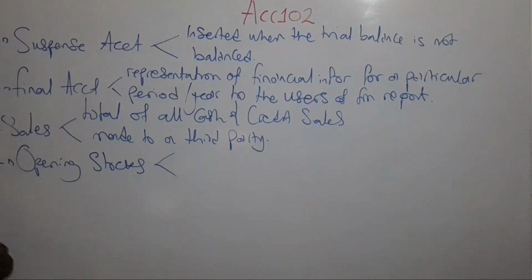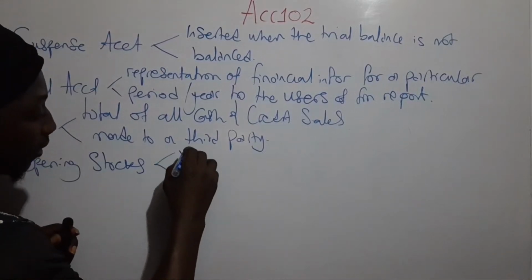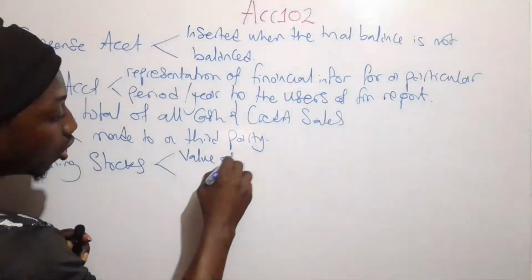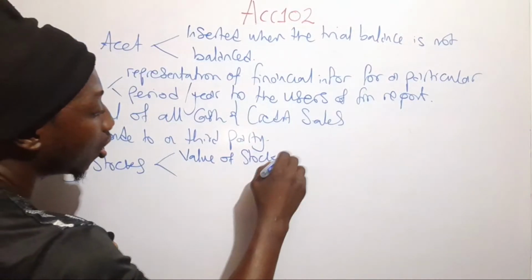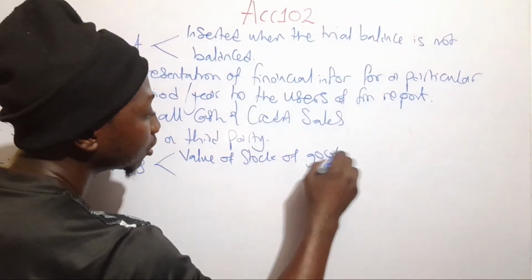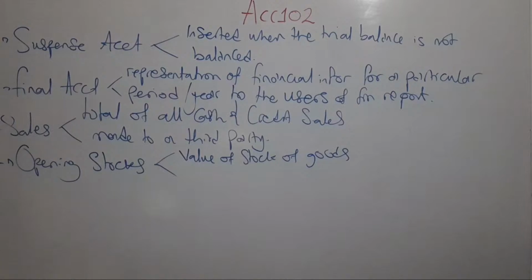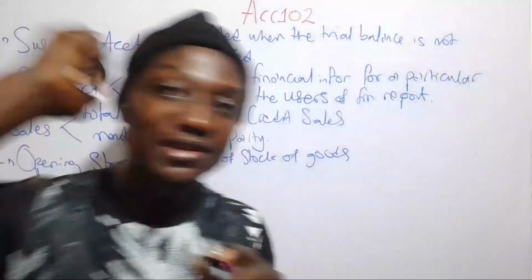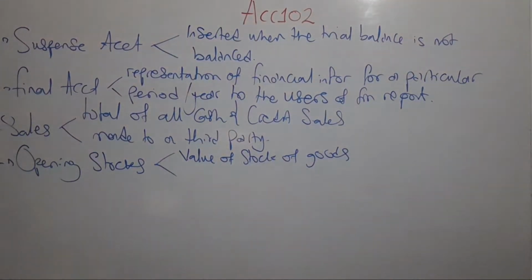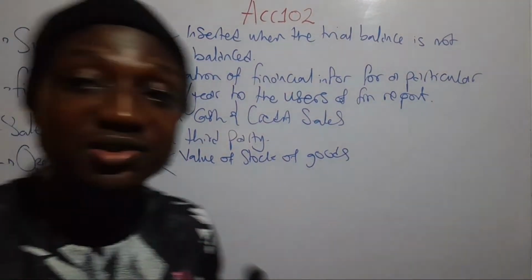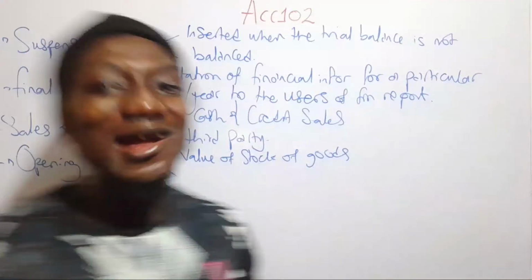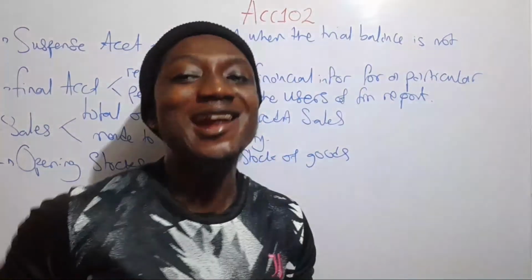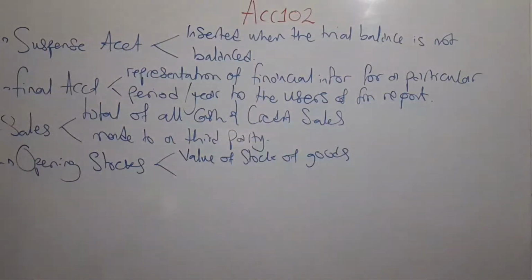So, note the key point here: value of stock of goods available, not at the end. If it's at the end, it's a different thing. When we use certain terminologies, we say available at the beginning of a financial period, but that is a little bit high for this level.